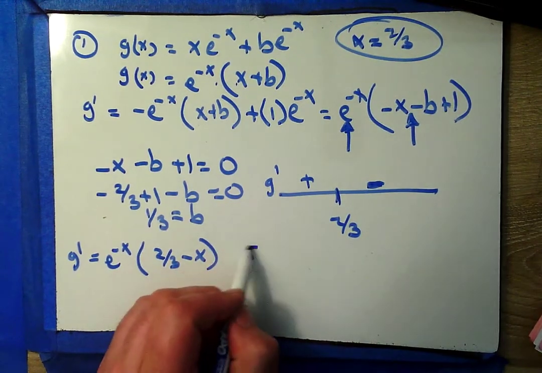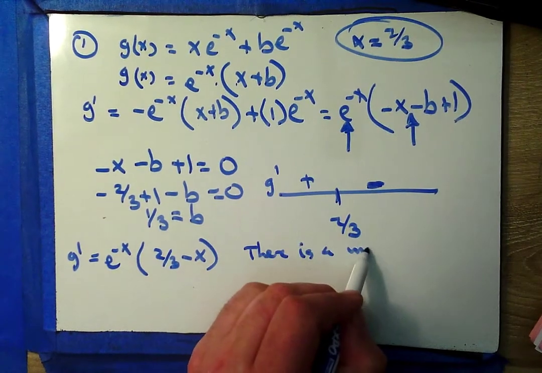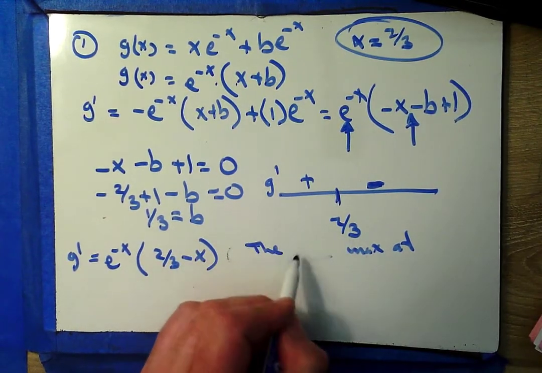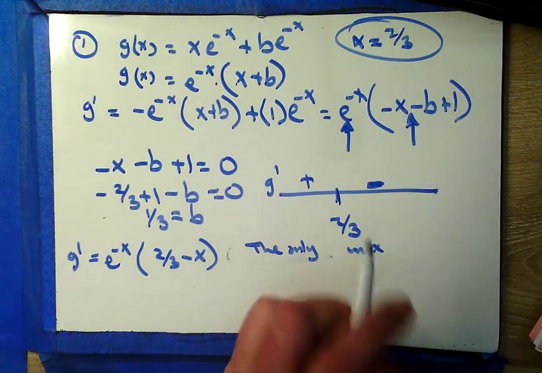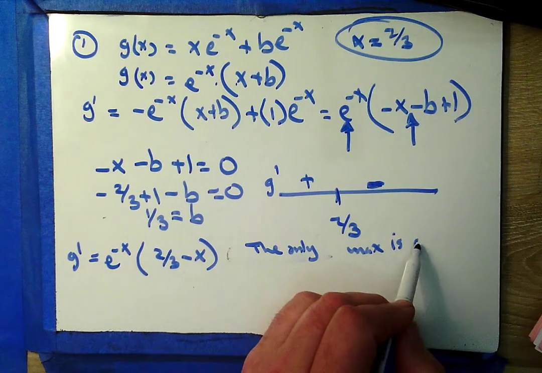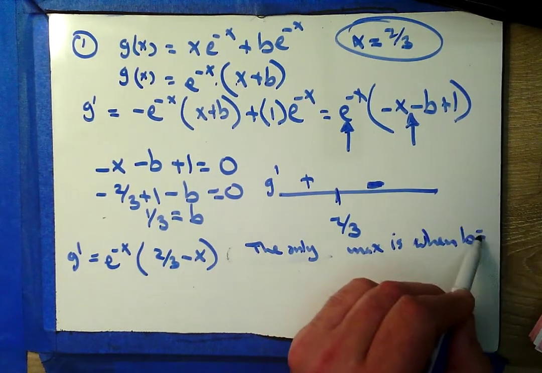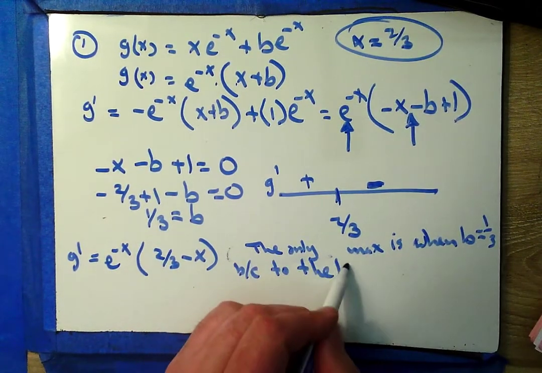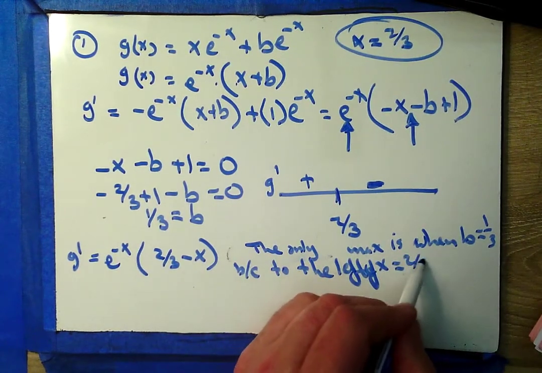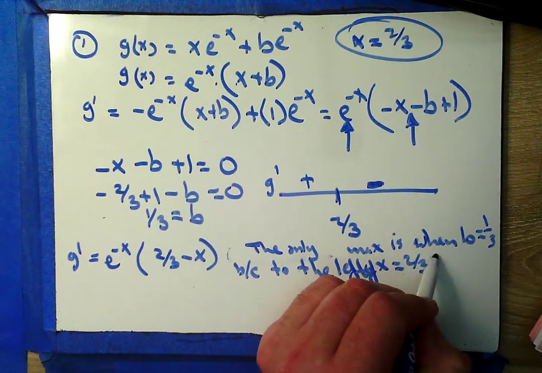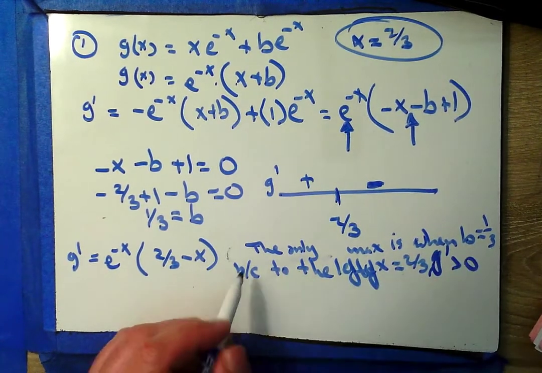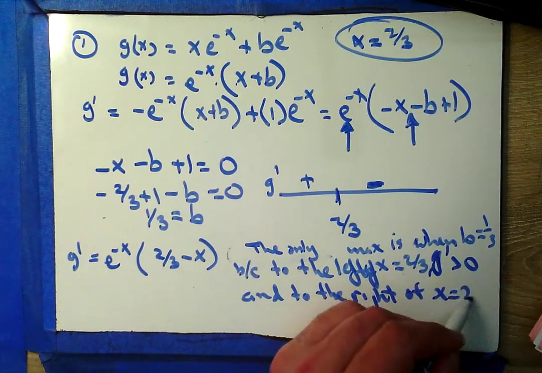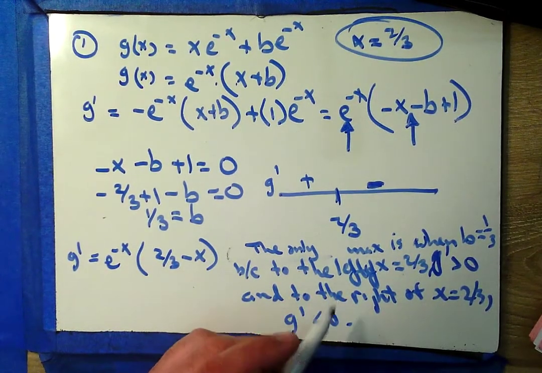And I would say there is a max at, or better yet, the only max is when b equals 1/3, because to the left of x equals 2/3, g prime is greater than 0, and to the right of x equals 2/3, g prime is less than 0.